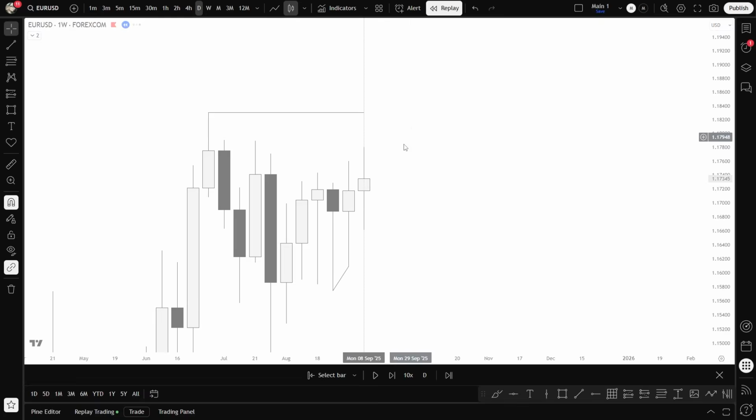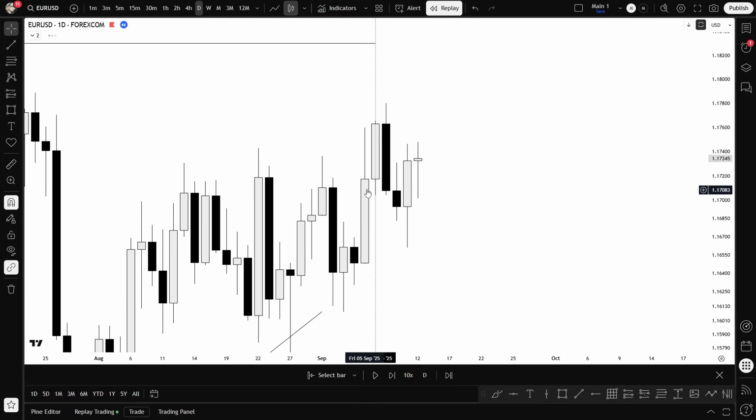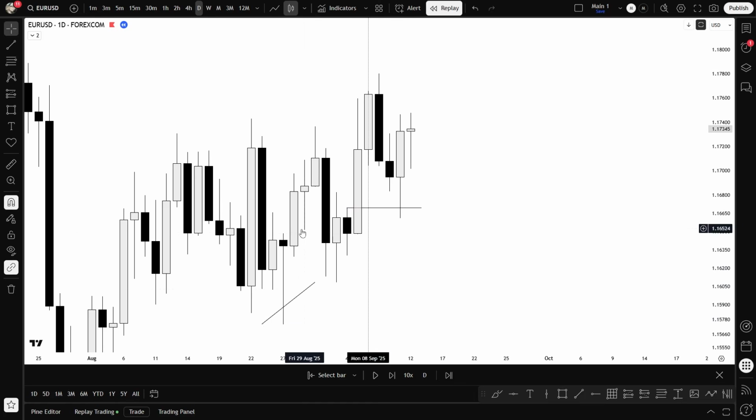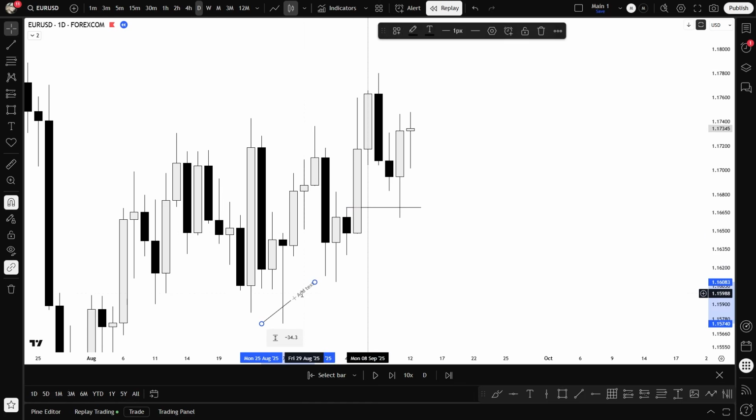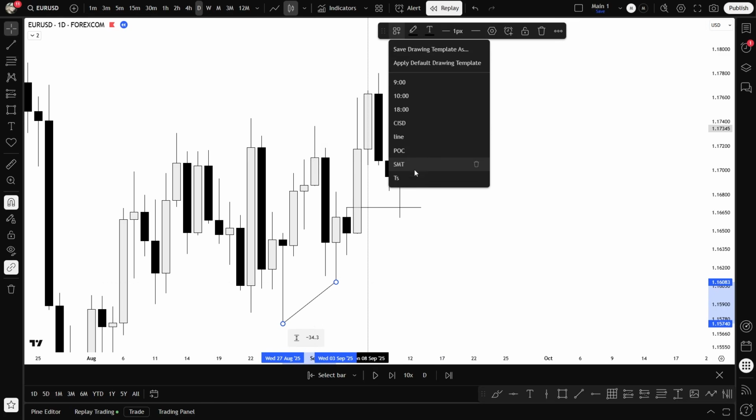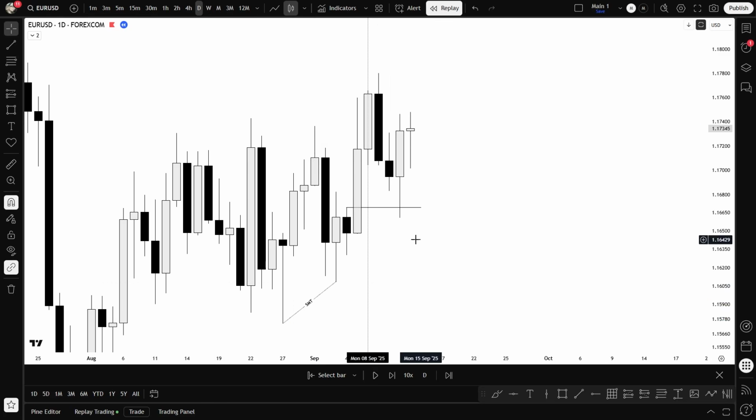So if you want to go to daily, we see that the weekly opens here, right? And we can see that we have a key level here, right? So SMT between these lows, and we have the key level, right?